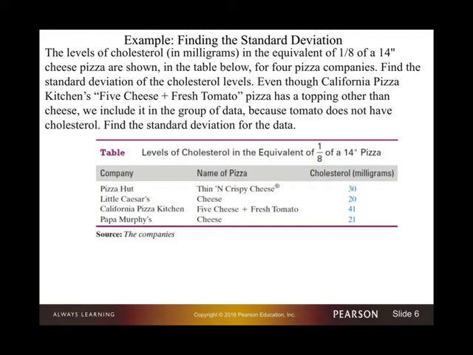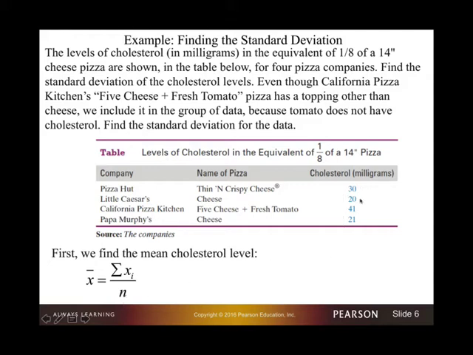Every time we want to find the standard deviation, we need to find the mean first. Remember how to find the mean? Remember the formula: you add up all the data and then divide by the number of data. This is the summation notation, which means you add up all the data here. And how many data do we have?